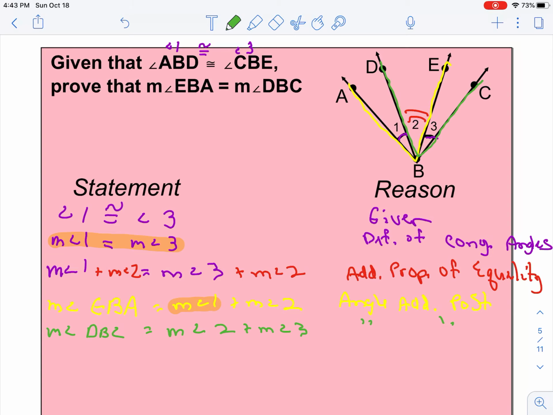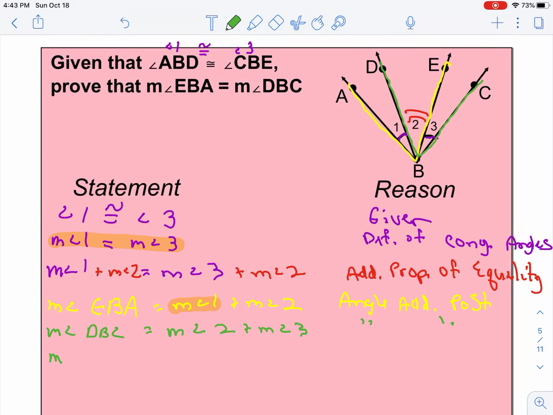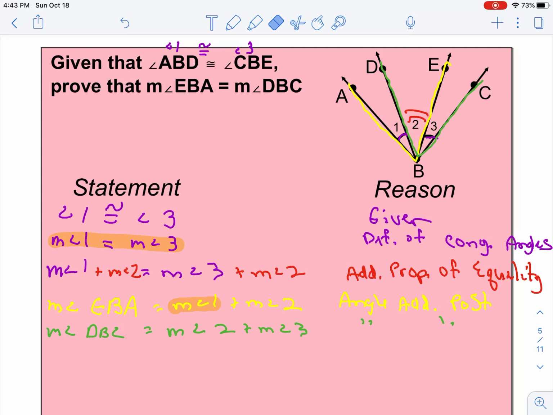So we could say then that the measure of angle EBA is equal to the measure of angle 3 plus the measure of angle 2.